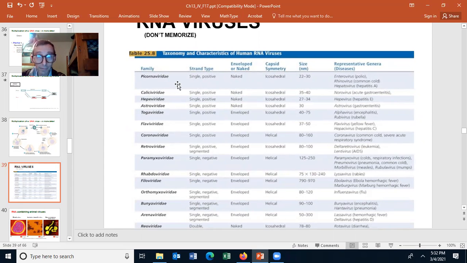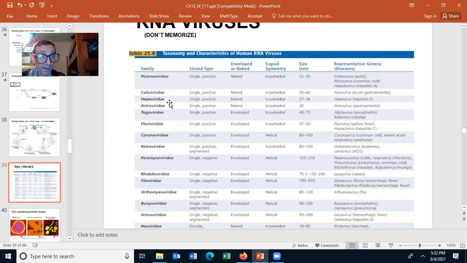Some of the picornaviruses cause human colds, and those are called mostly rhinoviruses. Hepatitis A is in this one. I think polio is in the Picornaviridae. We won't talk about that one.